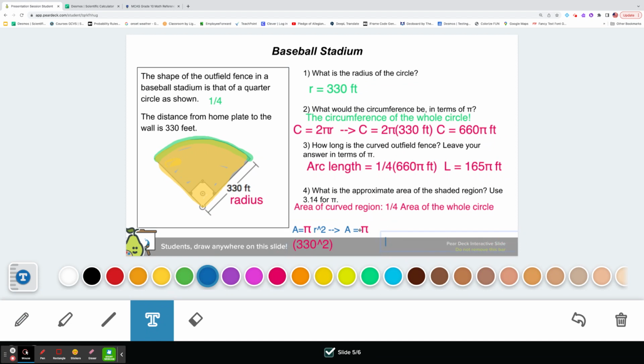But I want the area of the shaded region, right? So whatever 330 squared is, I want to divide that by 4 to get the area of the shaded region.